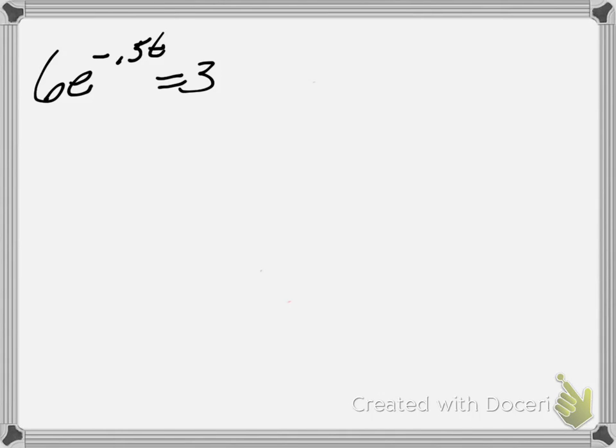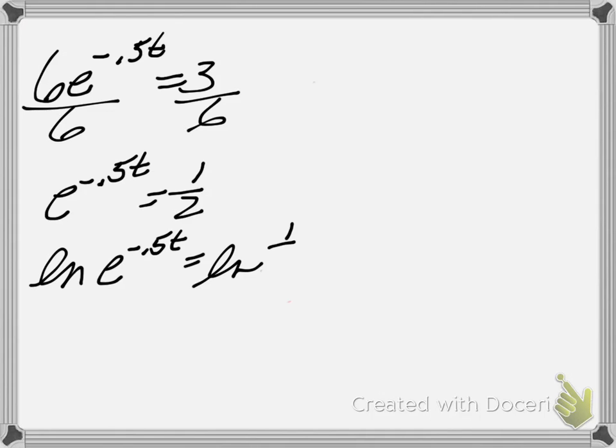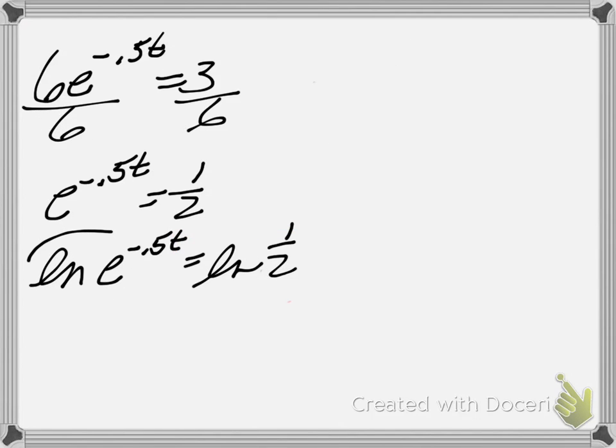Okay, so we can divide both sides by 6. And how are we going to get rid of this e? We're going to take a ln of each side. And now we can use the power rule to take this exponent and bring it to the front. So we're going to get this.